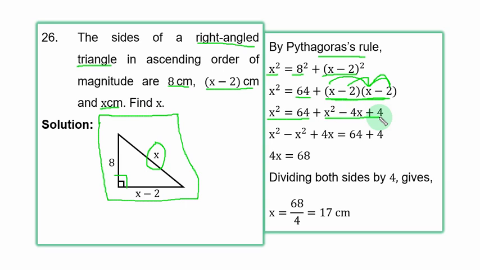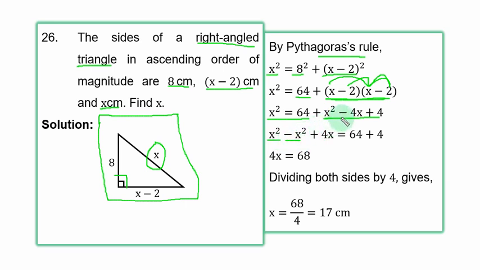We need to transfer all the terms containing s to one side and the constant to the other side. So this is s squared on the left hand side. If you transfer plus s squared, it becomes minus s squared.